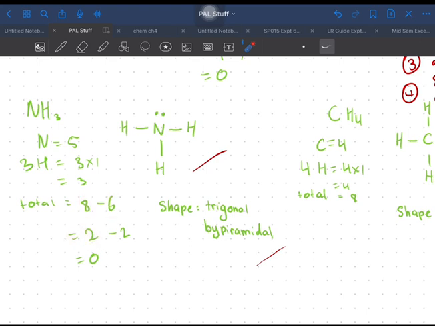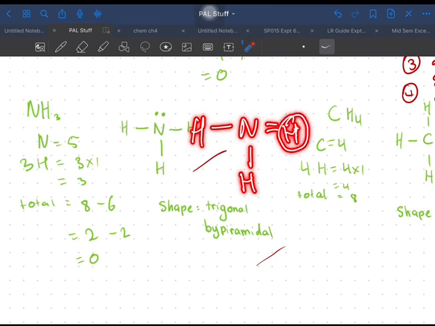And then where do the 2 more electrons go? As a lone pair. Because you cannot draw it like this, it's not the ideal structure. Because we know hydrogen can only have 1 valence electron, not 2.